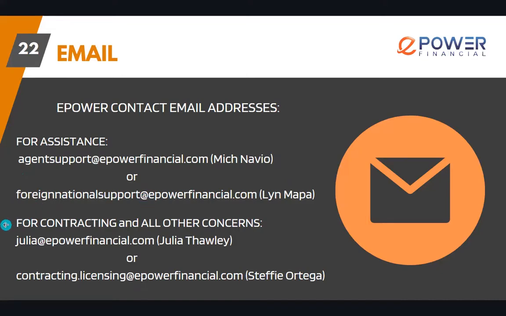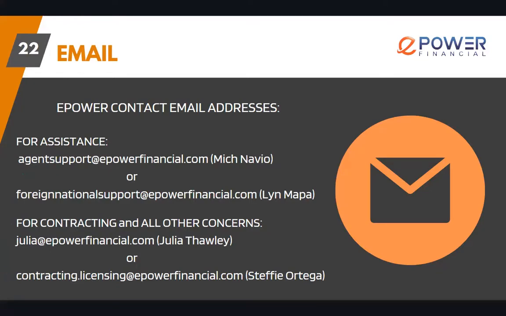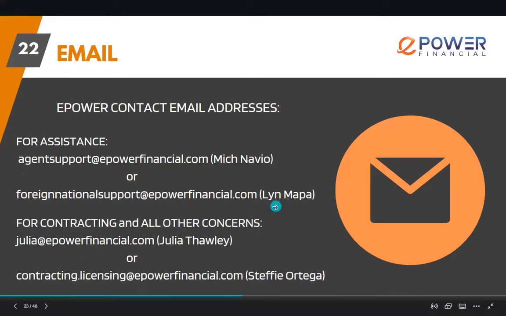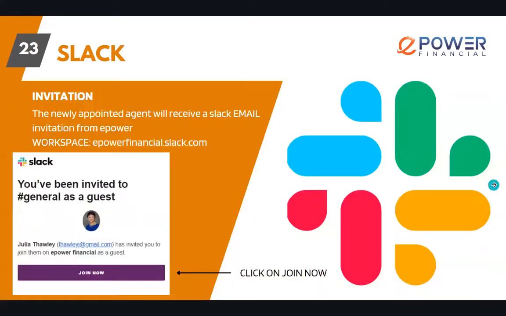And for contracting and all other concerns, you can email Julia at epowerfinancial.com. That is Miss Julie's email address, and mine for contracting is contracting.licensing at epowerfinancial.com. So if you have not taken note of the email addresses, don't worry. We will blast this particular presentation so you'll be able to have a copy of it.